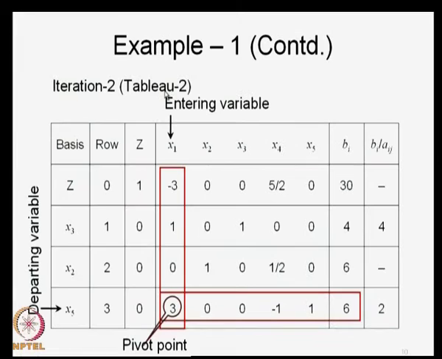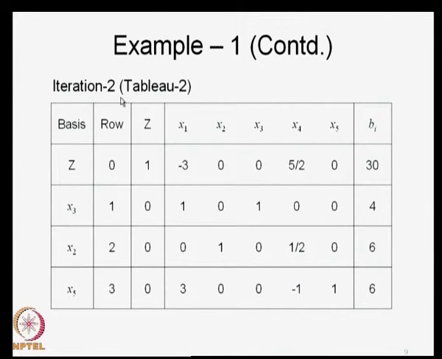This is iteration 3. Let us look at iteration 2 now. Iteration 2 is this. Which are the basic variables? x3, x2 and x5. So, x3 under x3 will have 1, under x2 it will have 0 and under x5 it will have 0. Similarly, x2 will have a coefficient of 1 under x2, but under x3 it will have 0, and under x5 it will have 0.